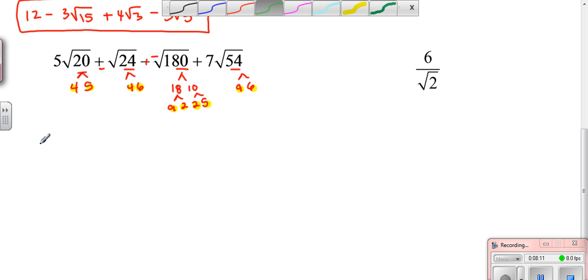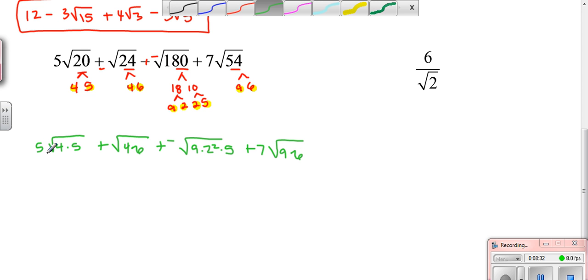So what do I have here? I have 5 times the square root of 4 times 5 plus the square root of 4 times 6 plus negative square root of 9 times 2 squared times 5 plus 7 times the square root of 9 times 6. So then I'm going to go ahead and take these square roots where I can.